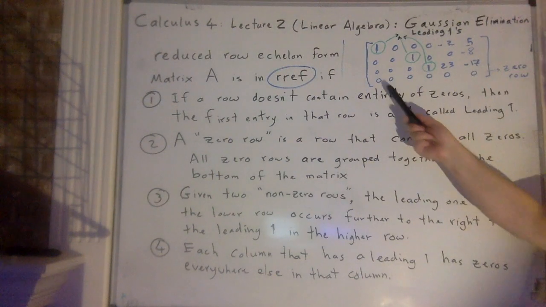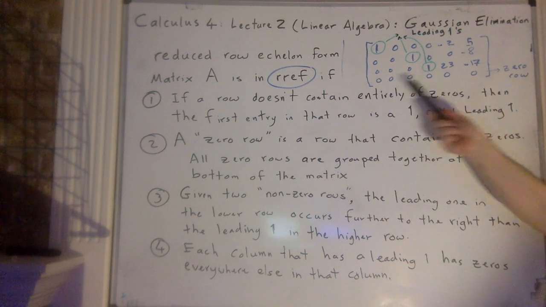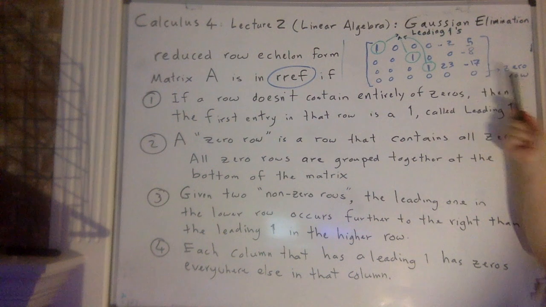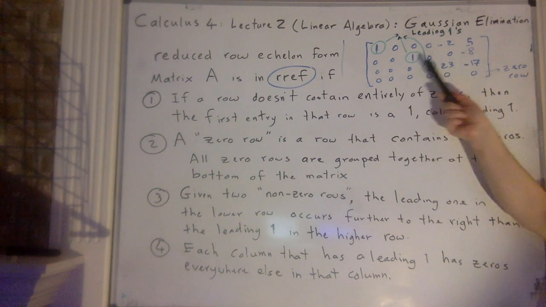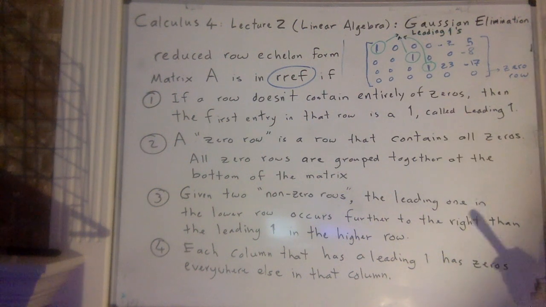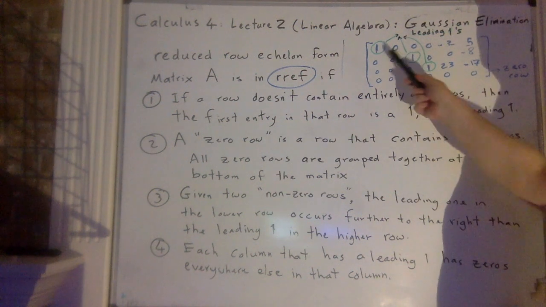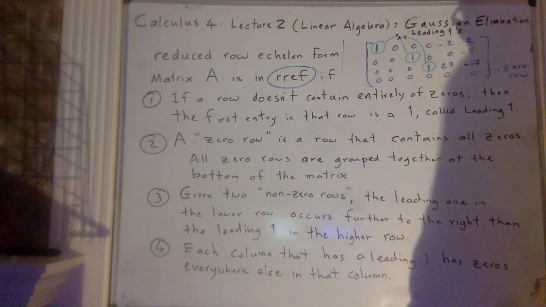This row here consists entirely of zeros. This one does not, and the first entry here is 1. This one does not either. The first entry is 1, and this one is also 1. And usually the first row contains a 1 at this position.